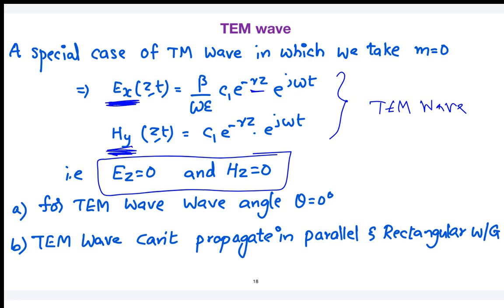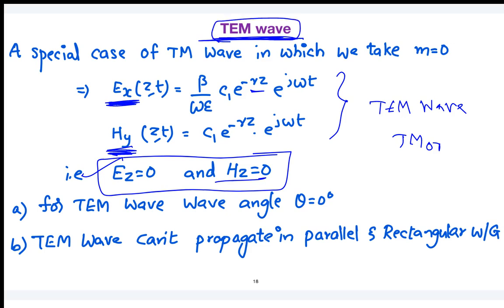Though technically, as per the definition, the TM00 mode satisfies the dominant mode, the TM00 mode can also be called a transverse electromagnetic wave. Because Ez equals 0, there is no electric field in Z and no magnetic field in Z. That is the reason I can call it a transverse electromagnetic wave.